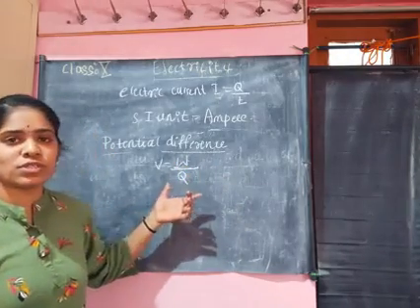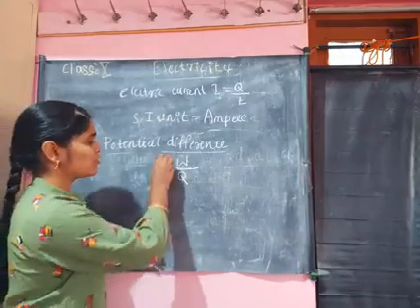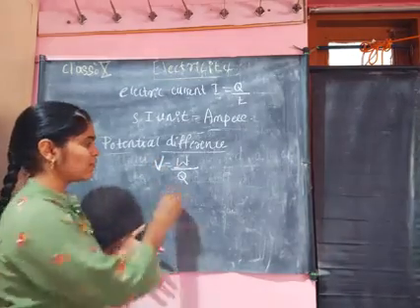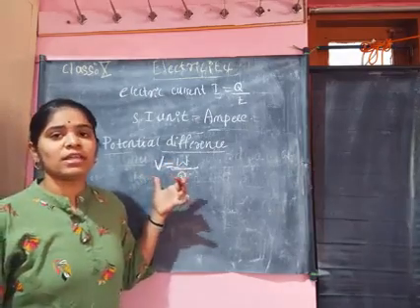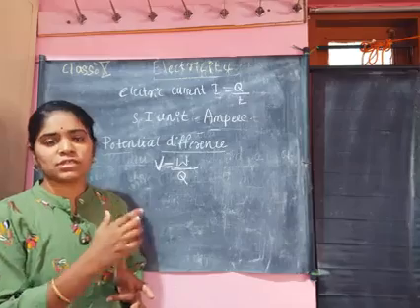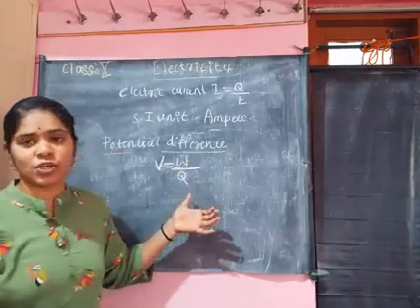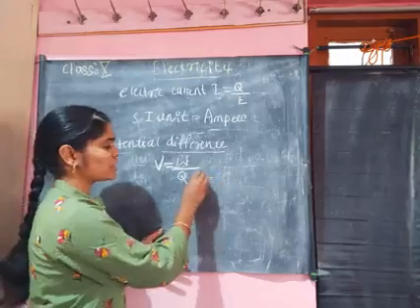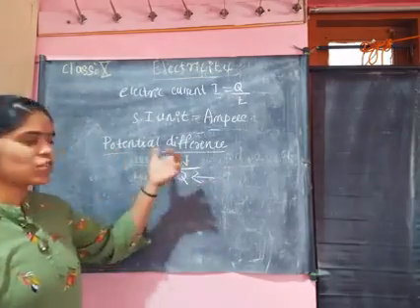Okay, so this potential difference is denoted as V, and this is formed when work is done between any two terminals of the cell having the charge Q. So there is a flow of charges in the electrical circuit, that will produce the potential difference.